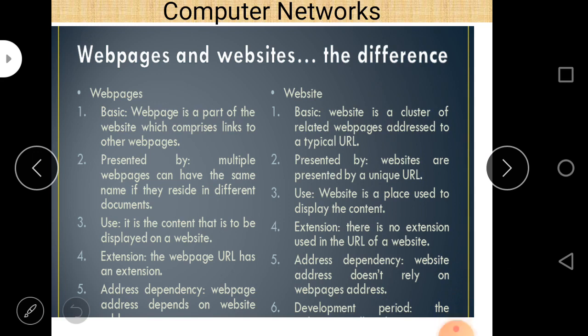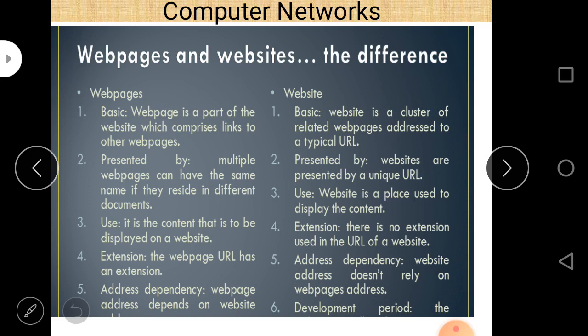Web pages are connected to each other, and a website is a cluster of related web pages addressed by a typical URL. A website is a collection of different web pages, and web pages are connected to each other through different links.